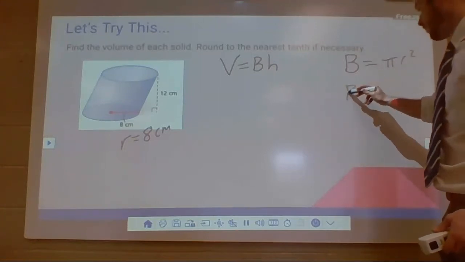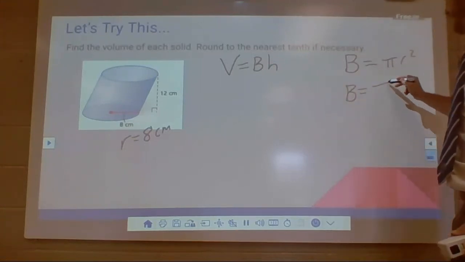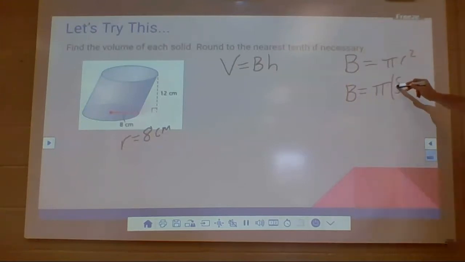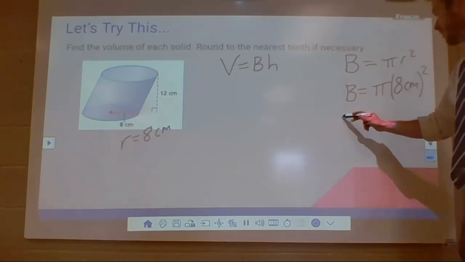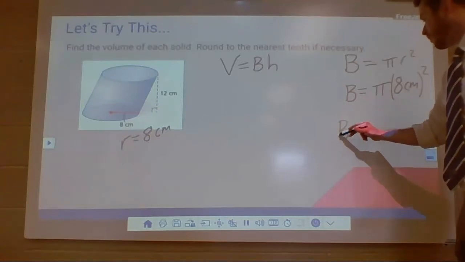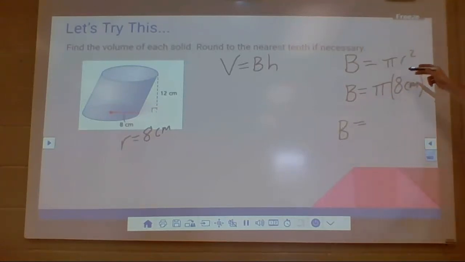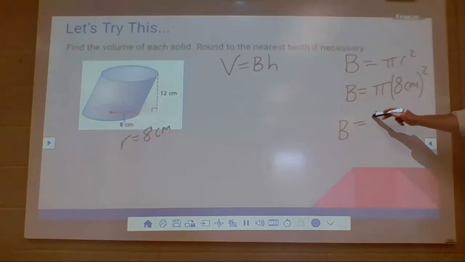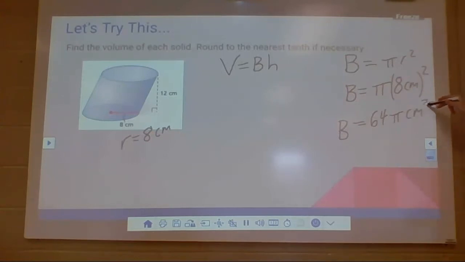So the area of the base is pi times 8 centimeters squared, substituting 8 in for r. All right, so what's 8 squared? It's going to be 64, right? We're going to say 64 pi centimeters squared.